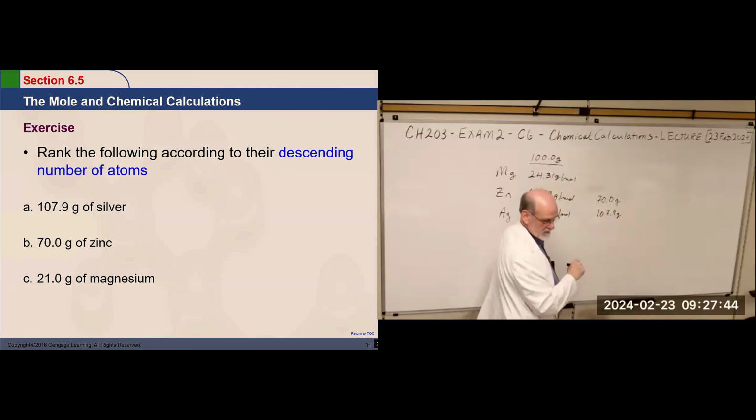Okay. And magnesium, 21 grams. All right, now we're not 100 grams anymore. We're different masses for each one. So I would look at these in terms of, are there any of them that are exactly a mole?